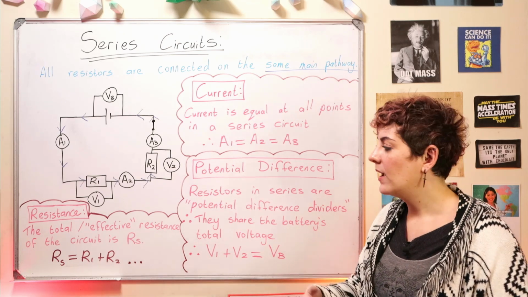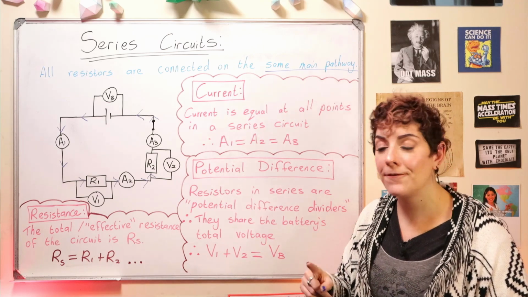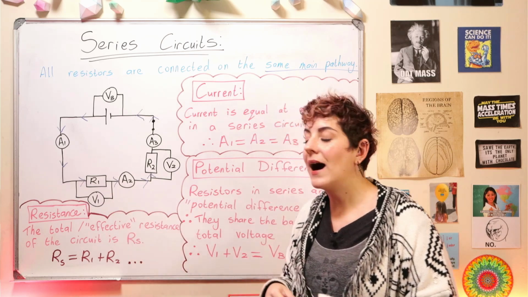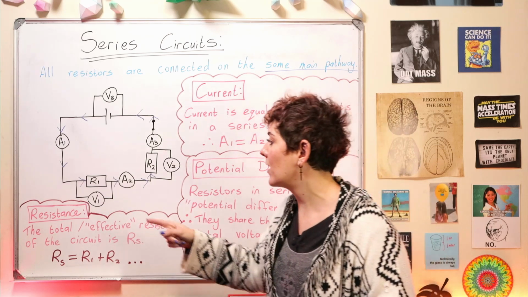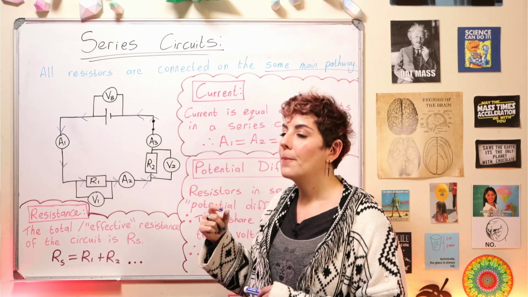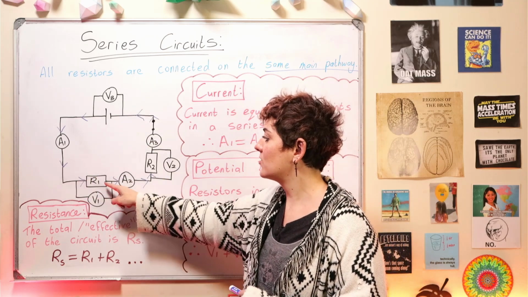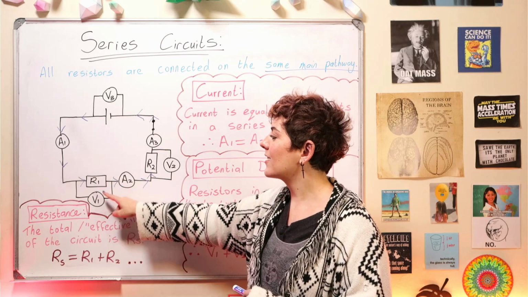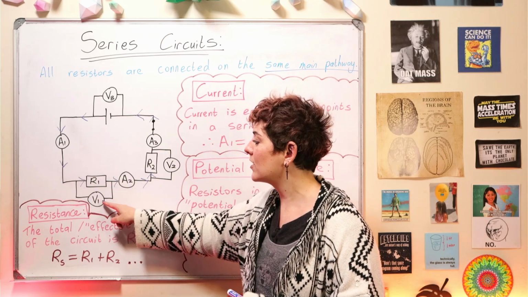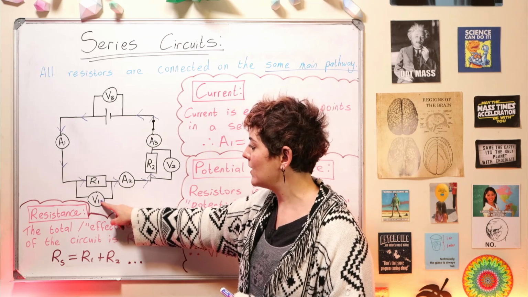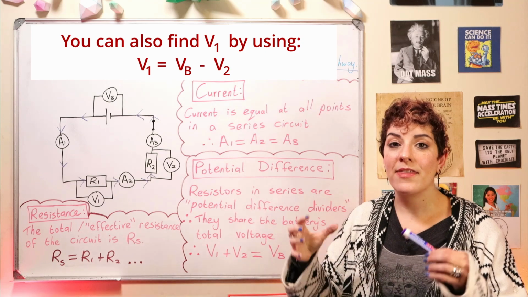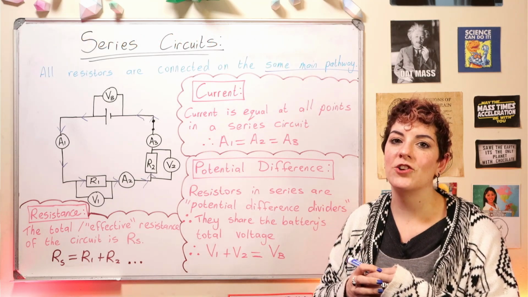For example, if I wanted to calculate specifically V1, the potential difference over R1, I would need to use the current flowing in R1, which is the same at all points of the series circuit, but I would also need the specific resistance of resistor R1. So you need the current in R1 and the resistance of R1 to calculate the potential difference over R1, which is V1. So always use values of resistance, potential difference, and current that go together for a certain calculation.